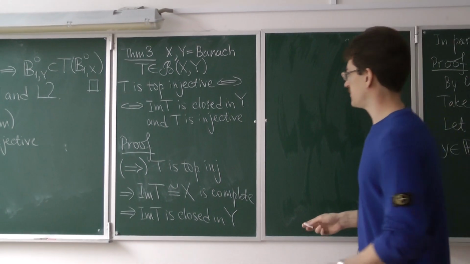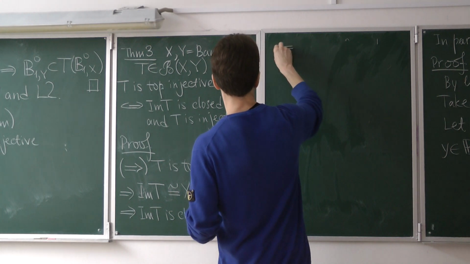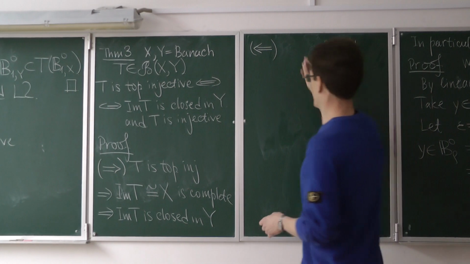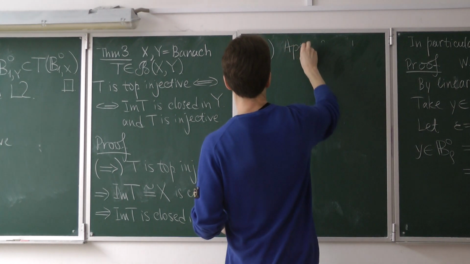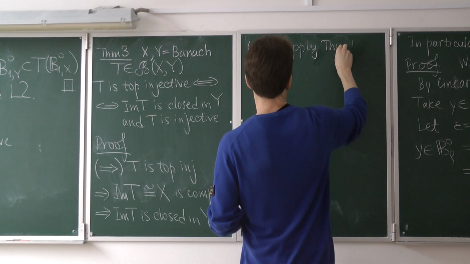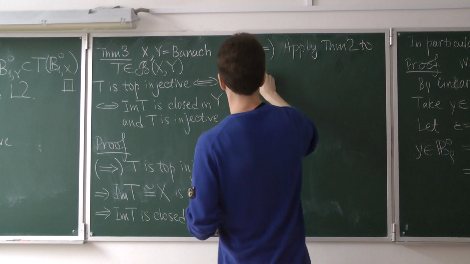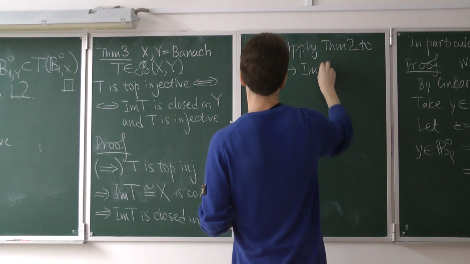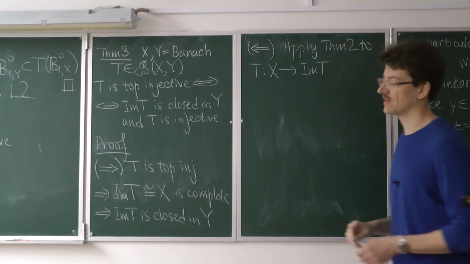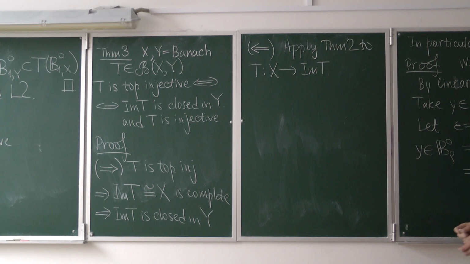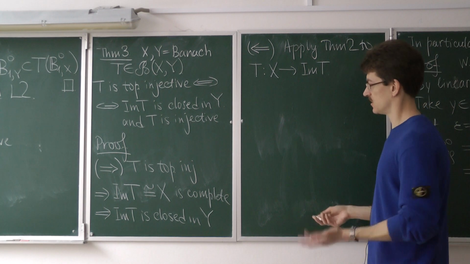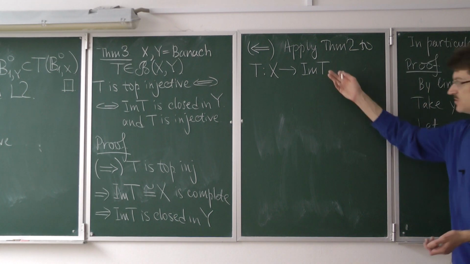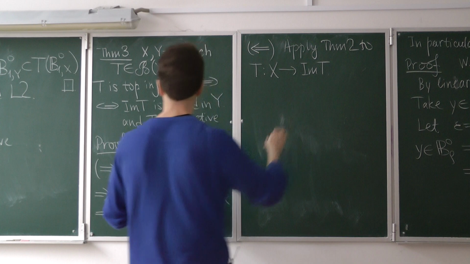And the right to left implication follows from theorem 2. Well, indeed, we simply apply theorem 2 to the same operator T, considered as an operator from X onto the image of T. Since T is injective from X to Y, then T is bijective between X and the image of T. The image of T is closed in Y, and Y is complete.